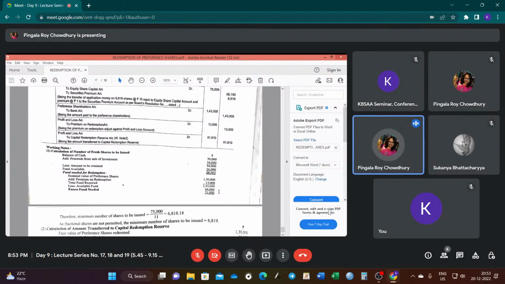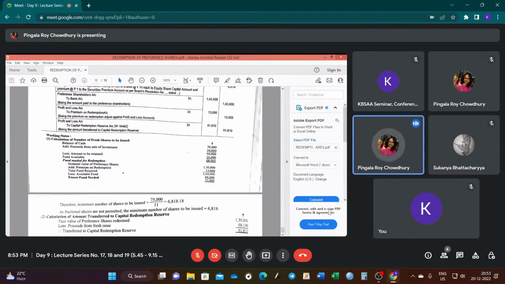Now the number of shares to be issued is found by dividing by the total amount, which is inclusive of the face value as well as the premium. So 75,000 by 11 will give you 6,818.18. Now you cannot issue a fraction of a share, so you will round it up to the next digit, that is 6,819 shares have to be issued, at rupees 10 face value.